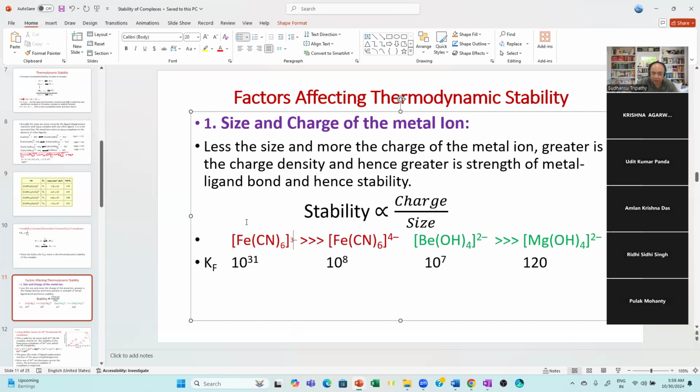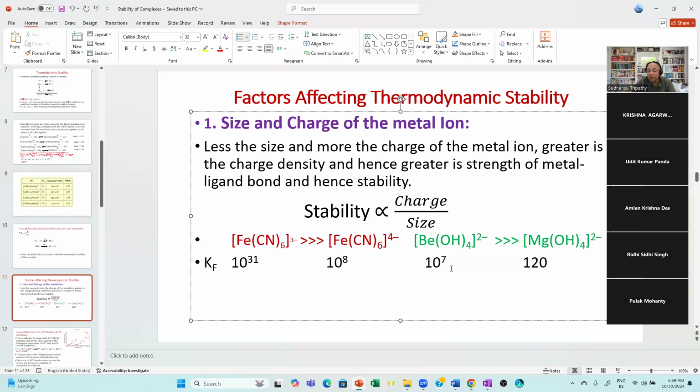Because this is +3 and the size is less, so double advantage. The higher the oxidation state, the smaller the size, for the same element. Ferrocyanide has Fe2 plus. So the formation constant is 10 to the power 31, while for ferrocyanide it is 10 to the power 8. Both are highly probable, but still ferricyanide is thermodynamically more stable.